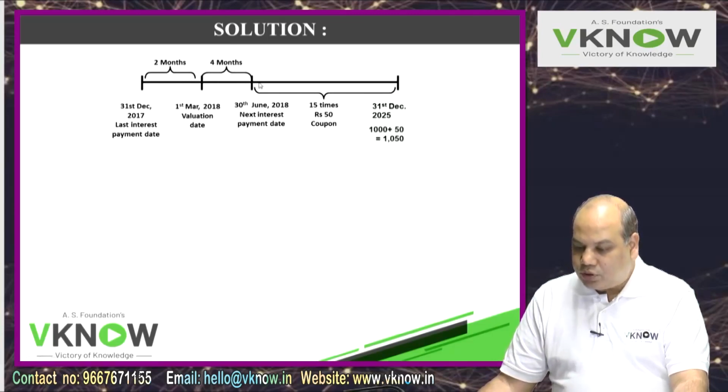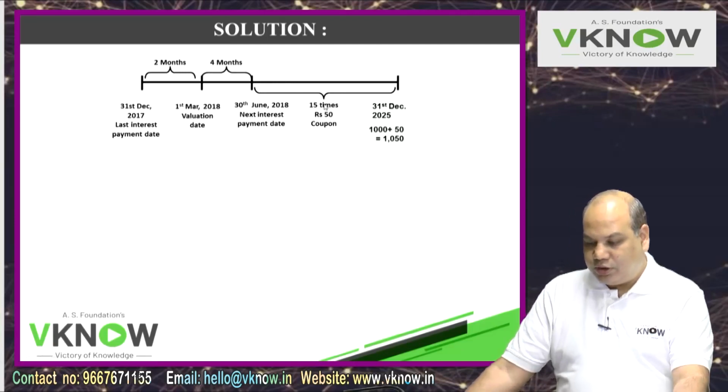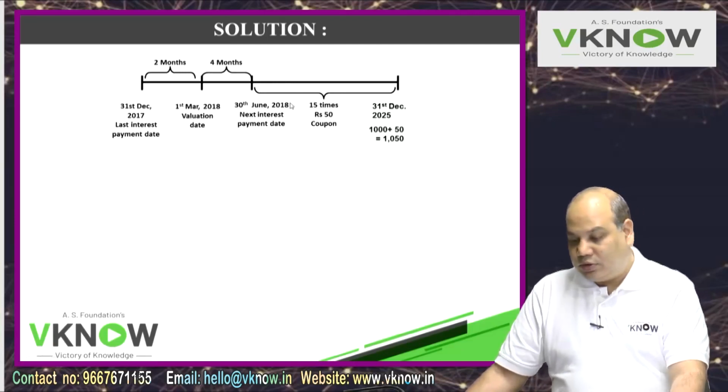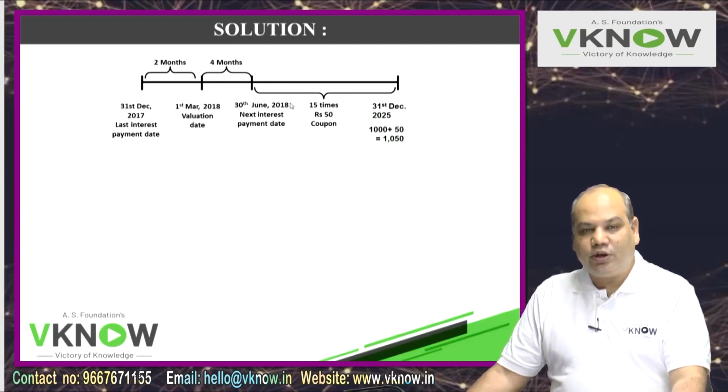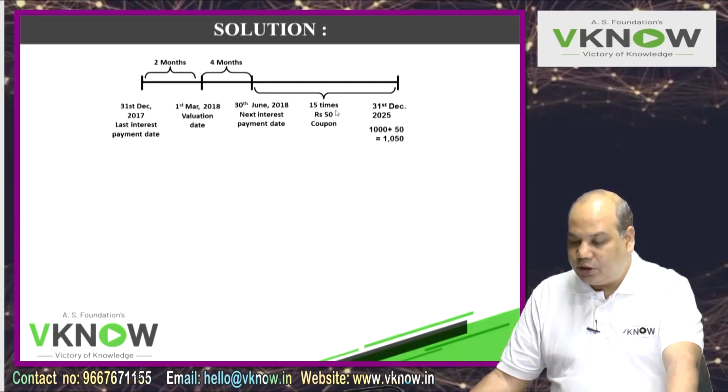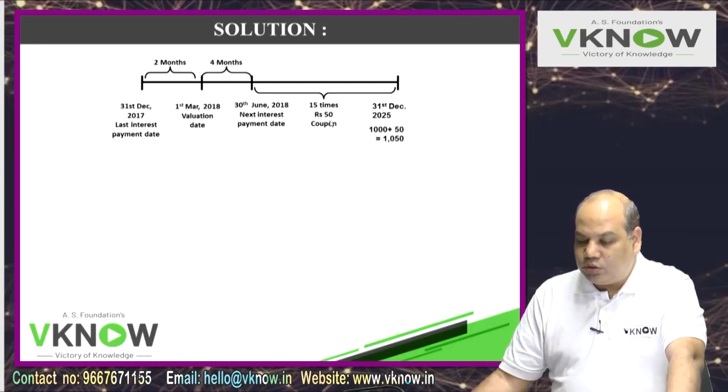So if you look at this question, how many more coupons are pending after this date? 7.5 years means 15 coupons are pending. December 18, then 19, 20, 21, 22, 23, 24, 25, 7 years. 7 into 2 plus December 18. 15 times you are going to receive 50 rupees coupon.